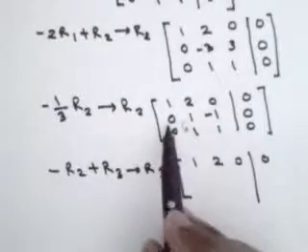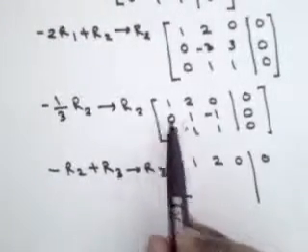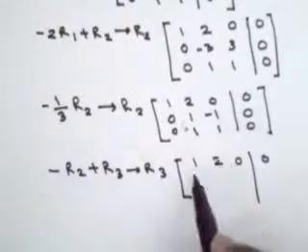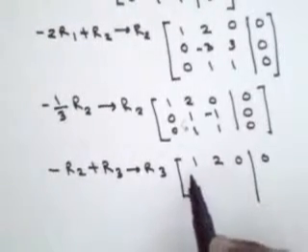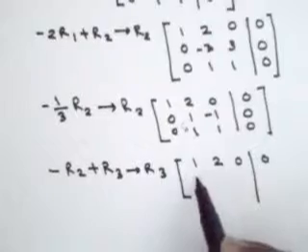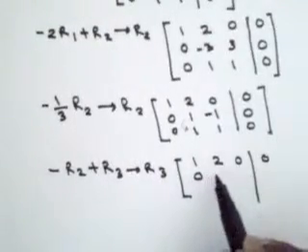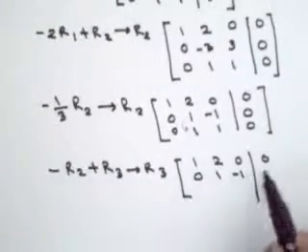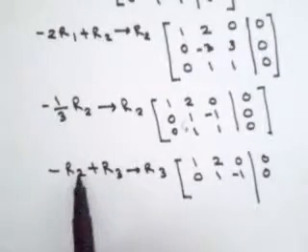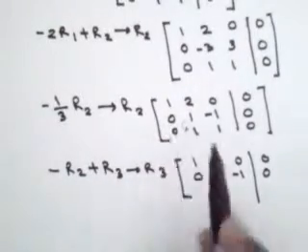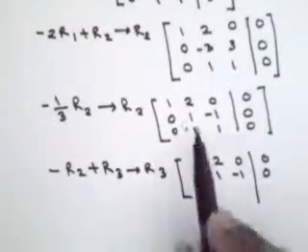So minus R2. Here minus 0 plus 0. We are not working with the second row, so it will also remain the same. So minus 0 plus 0 will be 0.